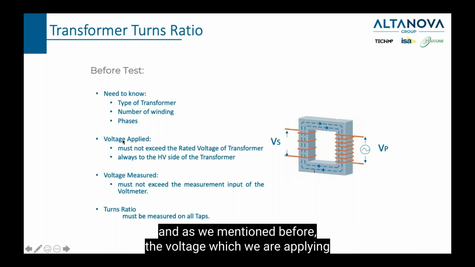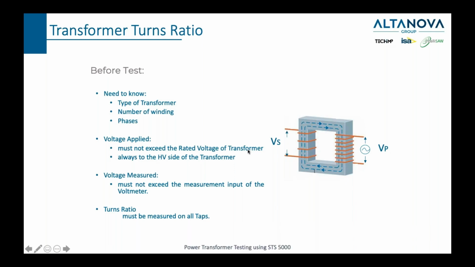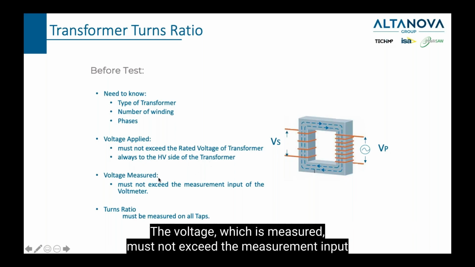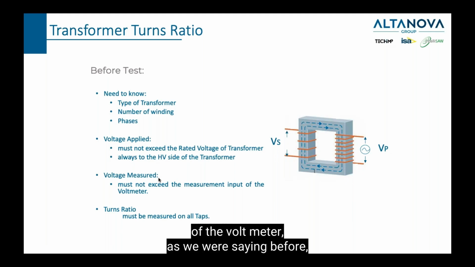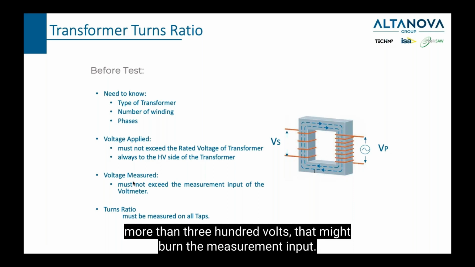And as we mentioned before, the voltage which we are applying on the primary side should not exceed the rated voltage of the transformer. We don't want to damage it. And as mentioned, always to the high voltage side of the transformer. The voltage which is measured must not exceed the measurement input of the voltmeter, as we were saying before, because if we measure on the secondary side more than 300 volts, that might burn the measurement input.